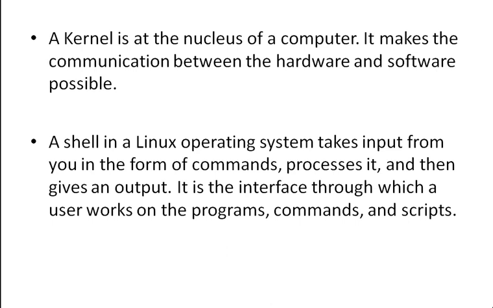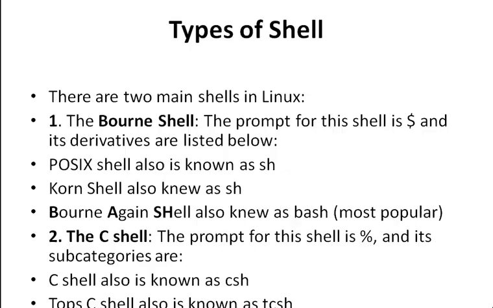For example, if we have to calculate the sum of two numbers, first we will enter two numbers on the screen, then there will be a sum, and then there will be an output. All these tasks are performed by the shell in the Linux operating system. Shell will demand input from the user, shell will process it, and then it will produce an output.